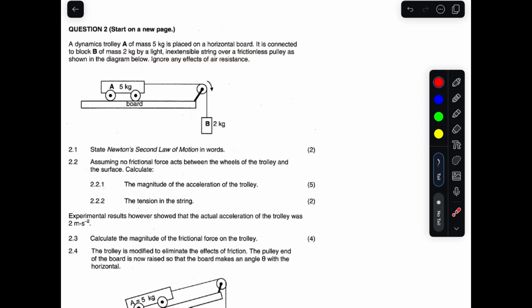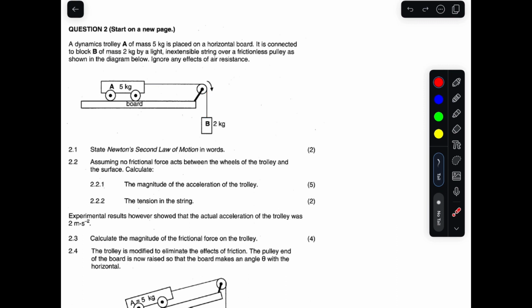Guys, this is a system. One thing that you need to note about a system is that there is a tension force between the two. The tension force experienced by the 5 kg is going in that direction, and the tension force experienced by the 2 kg is going in that direction, and they are equivalent.